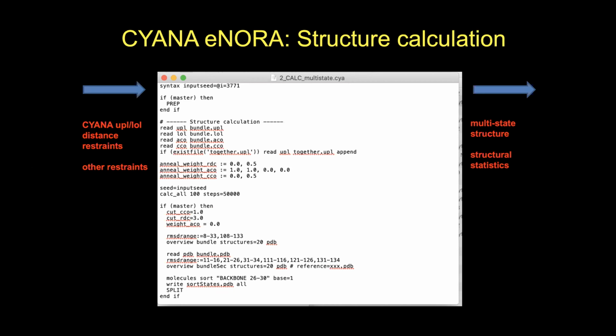You don't have to do that if you don't want to. And then we also sort the states. So in that case here, we have a two-state structure calculation. So it will try to find the same state in each calculation that we do. That would be the sort states PDB, and that's it.